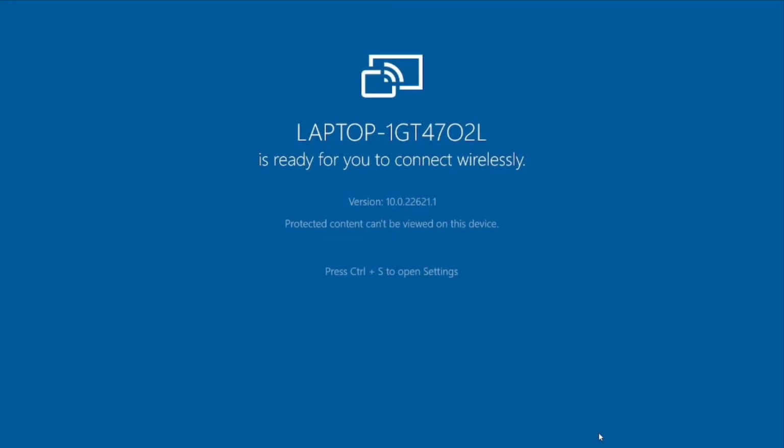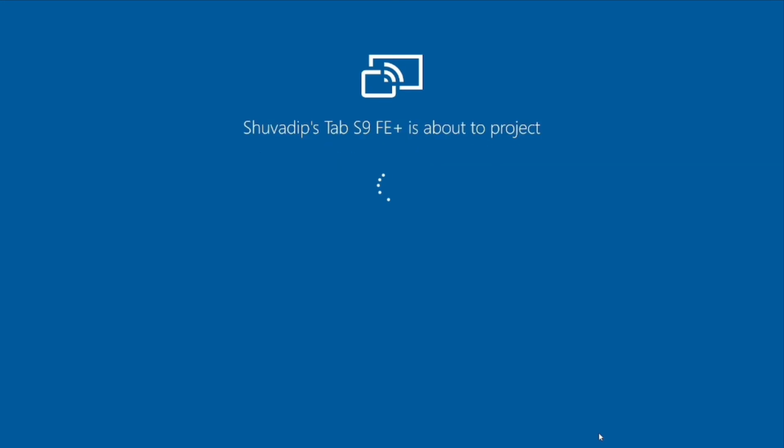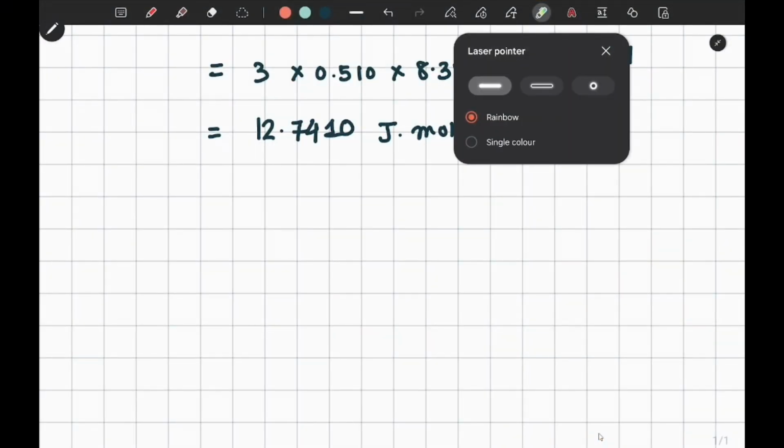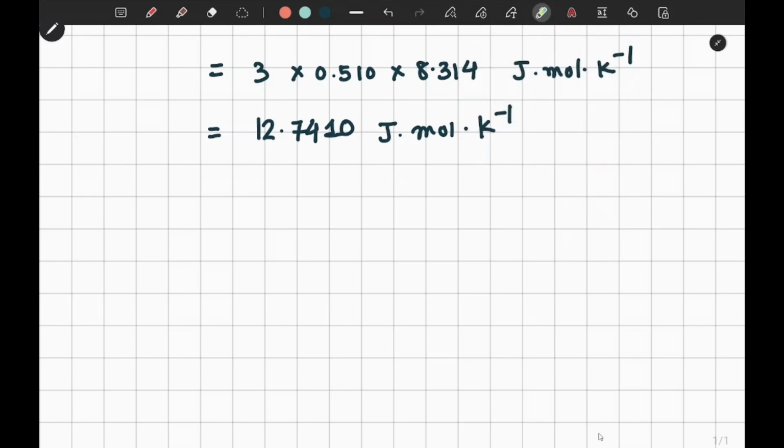Let me reconnect it. Oh, this is just laser new features. Okay. So now question number 2. Oh, sorry.